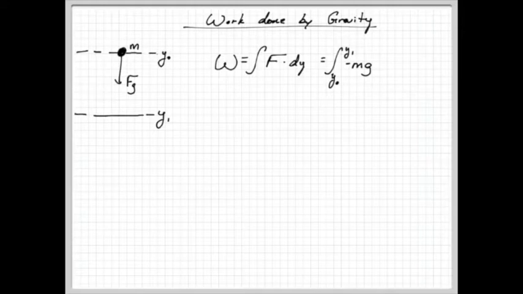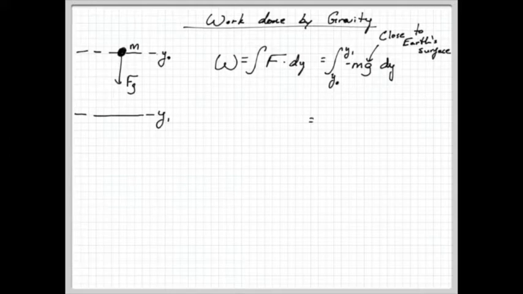We're only doing this because we know we are close to Earth's surface. That's important because if we were not near the surface, we'd have to use a different equation. So for right now, we're close to the Earth's surface, and this is over a displacement in the y.